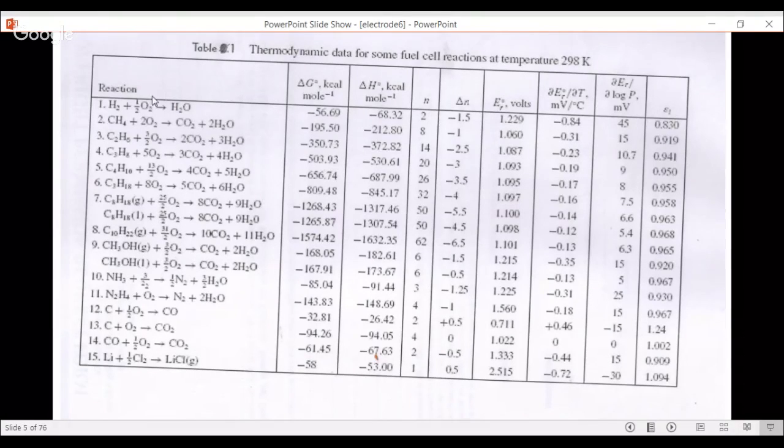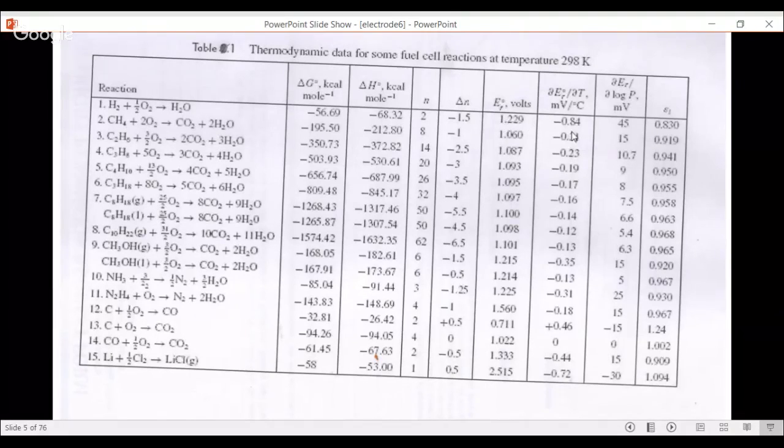For example, H2 plus half O2 giving rise to H2O, the maximum voltage that we can get is 1.229 volts, but the actual voltage that you will get will be 0.830 when you are drawing a current. This is what the efficiency is. Now you can see 0.8 by 1.3 is the efficiency.